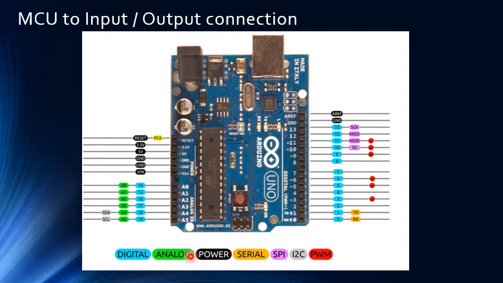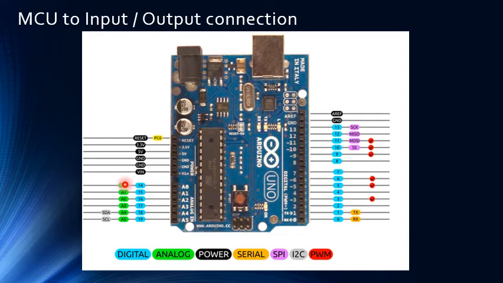So the digital input or output only has two states, 0 or 1, or in terms of the voltage, 0 volt or 5 volt. So it only has two states. But for the analog, it can be many states, because it can go from 0 to 5 volt.